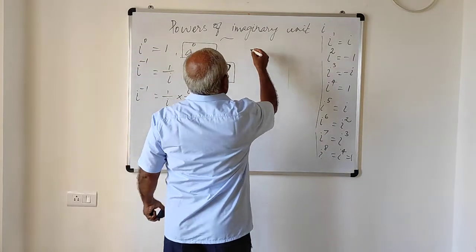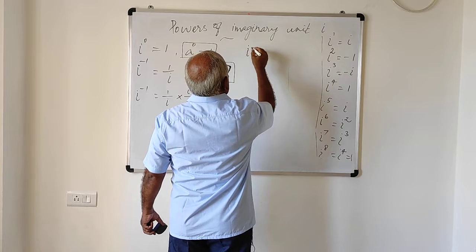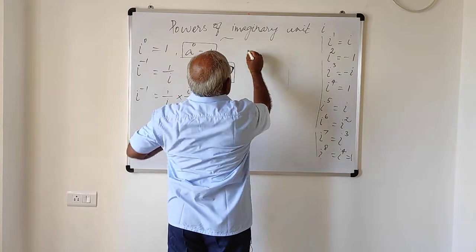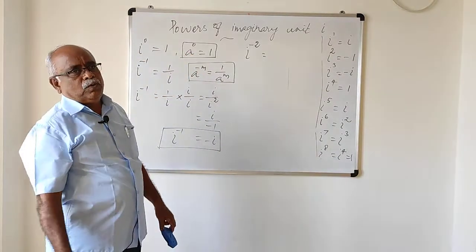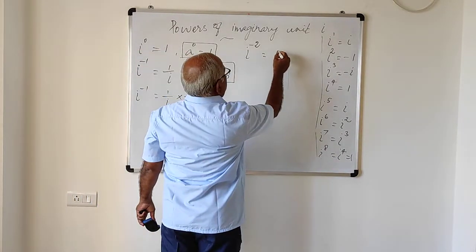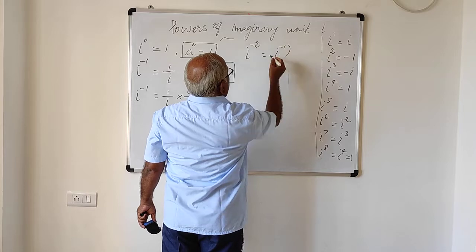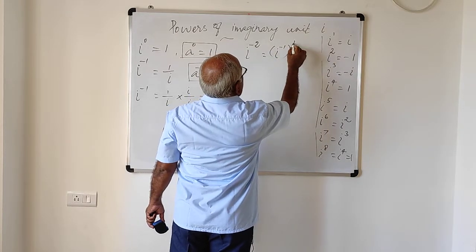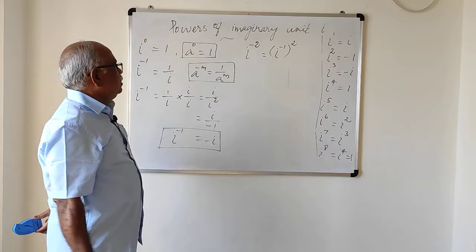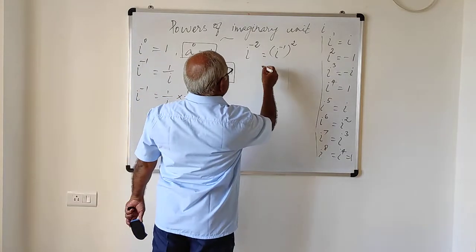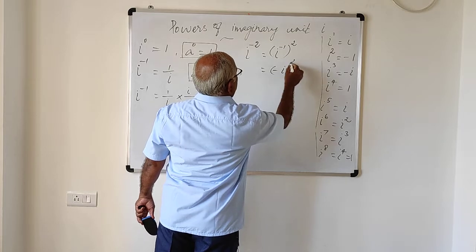We are going to see next one, i power minus 2. We can write it as i power minus 1 whole square. I power minus 1 is minus i, in the whole square.